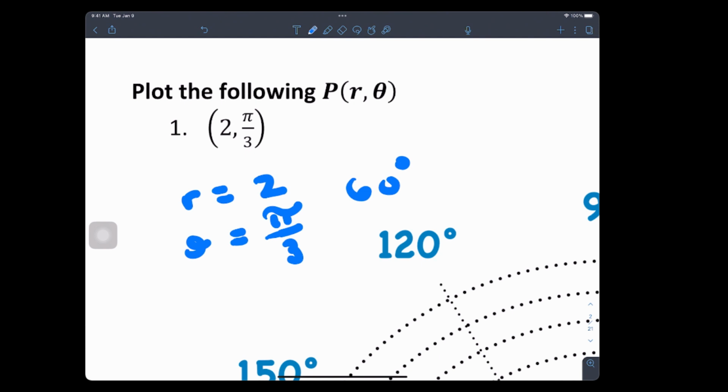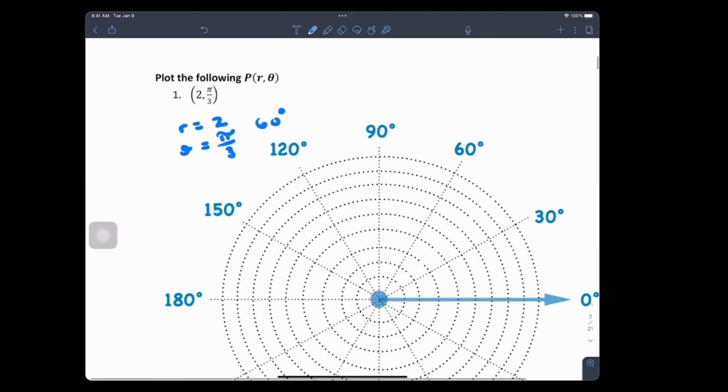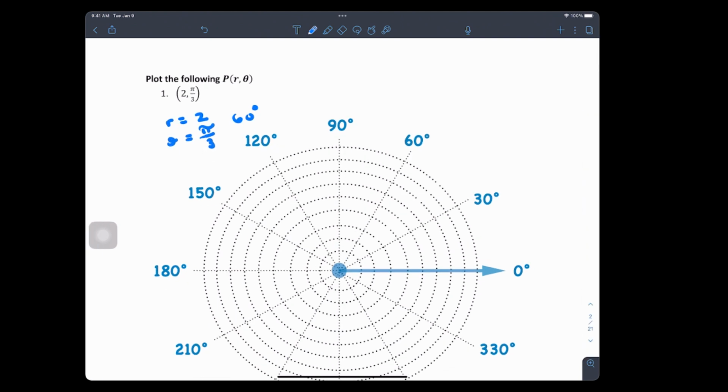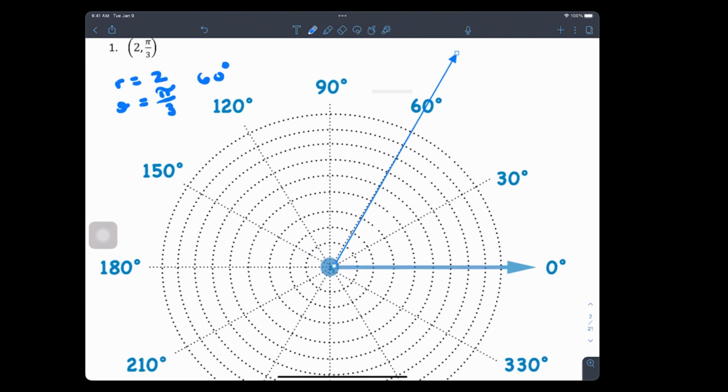So we're going to plot that point P. And you say, well, what do I do? Well, you take that pole, and maybe I'll draw a line now. Here's your pole, right? And I rotate it where? 60 degrees. Does that make some sense? But what's your radius value? 2.